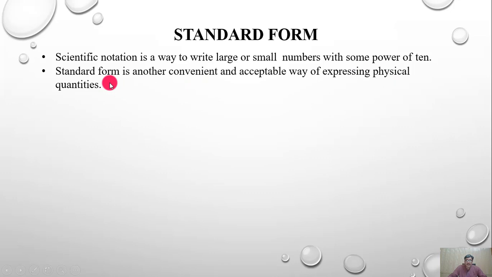If you recall, in previous slides we were discussing prefixes, and in prefixes we include an additional letter with the SI unit. But this time, instead of including or changing the unit, we have to express the physical quantity with some power of 10.